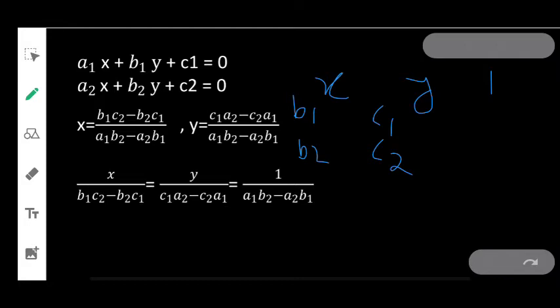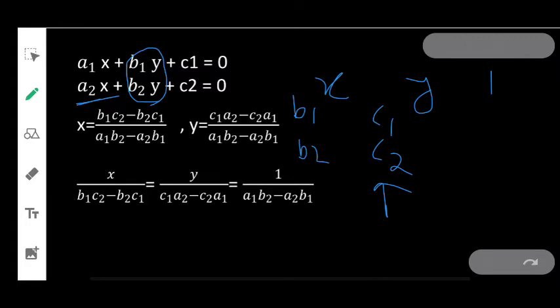Okay, next moving to y. Remove the terms which contain the variable y. Then write the constants c1 and c2. As you can see, they were already written here. Now moving to the variable x.